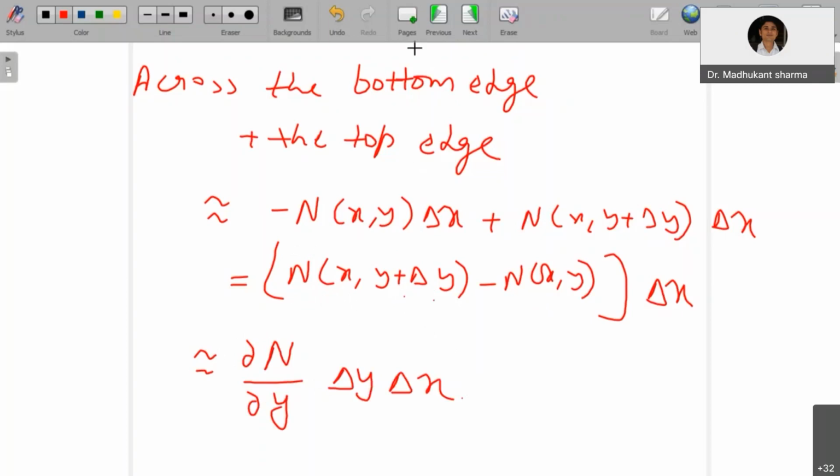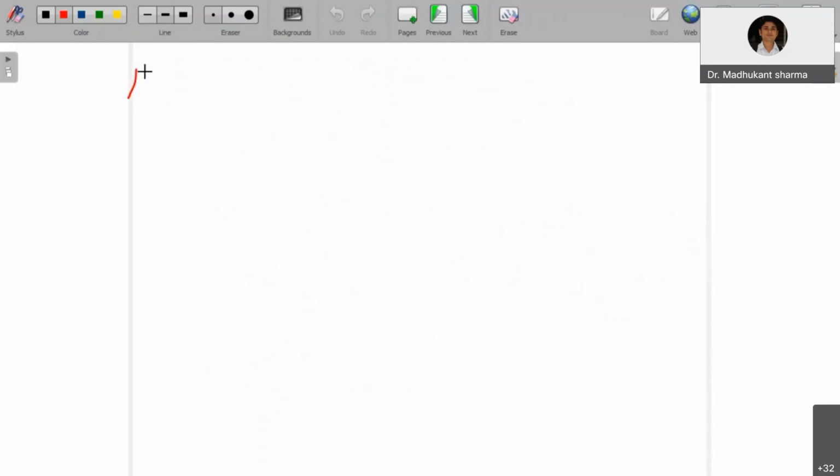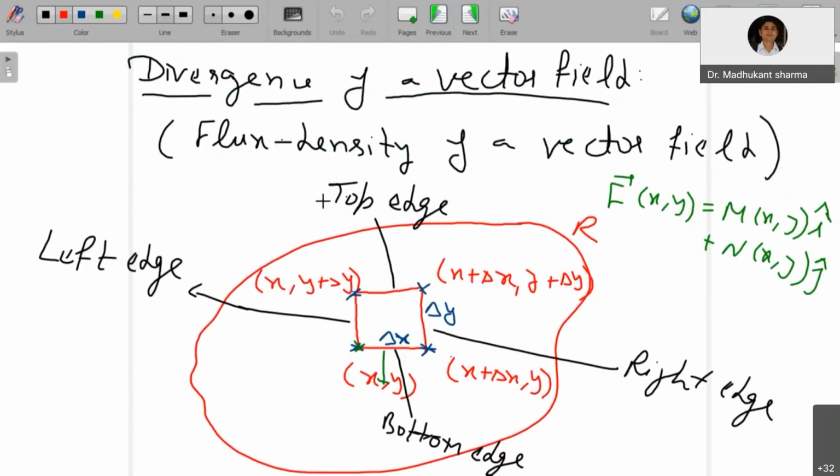Similarly, for the left edge and the right edge. The left edge is the side where the outward normal is in the negative direction of x.